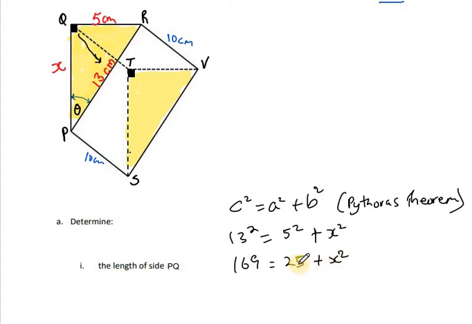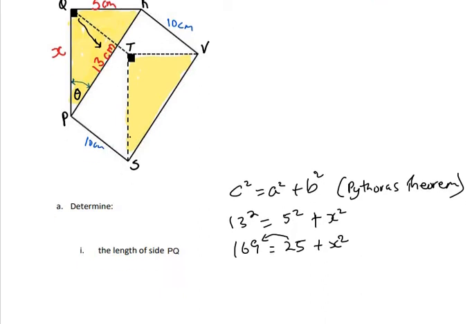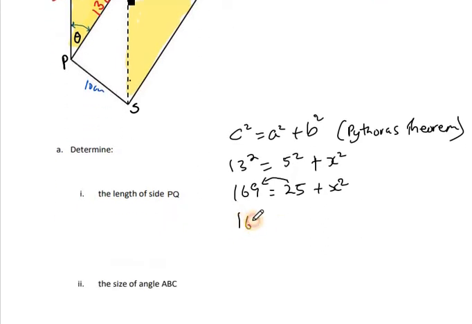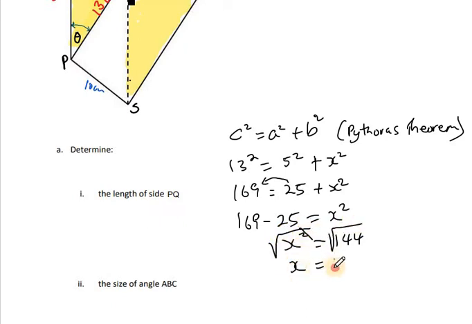To find X, we need to transpose the 25 first of all. That's going to give us 169 minus 25 equals X squared. Working out this side will give us 144. Finding X, we basically square root both sides, and that will give us X equals 12.